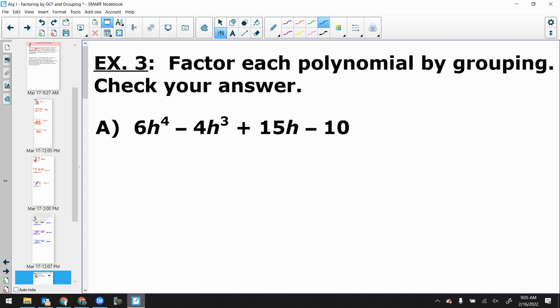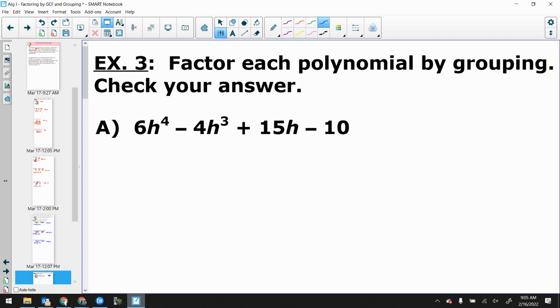We're going to learn how to factor binomials, trinomials, and 4-term polynomials. That's all we're going to learn how to factor in Algebra 1. Algebra 2, you extend that beyond just 2, 3, and 4 terms. But for Algebra 1, you learn how to factor 2, 3, and 4-term polynomials. The only way to factor a 4-term polynomial is by grouping. That is the only way to factor a 4-term polynomial.